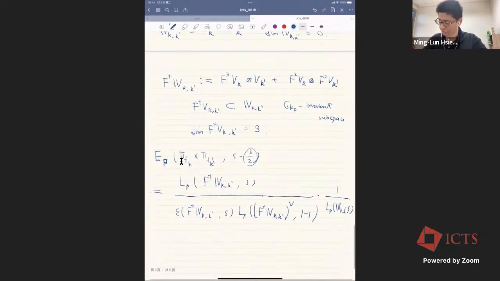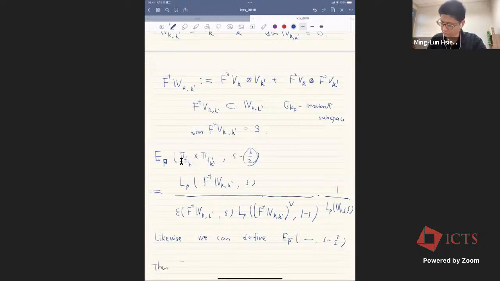So this is the modified Euler vector at p, and likewise we can define E_p bar.